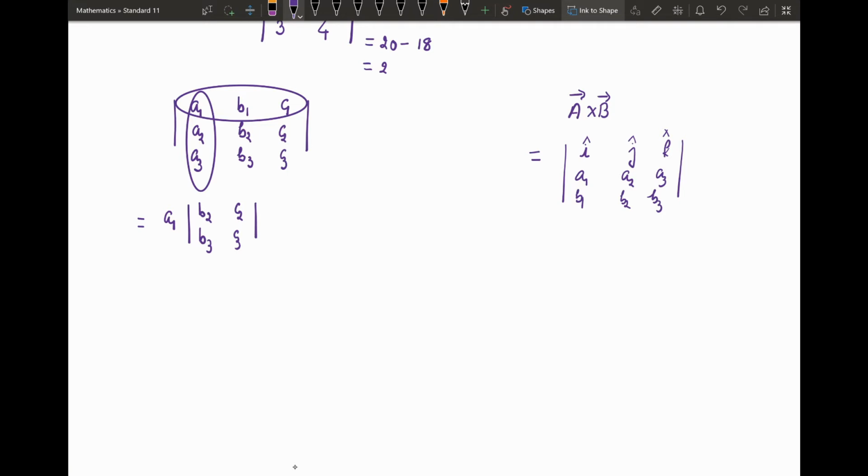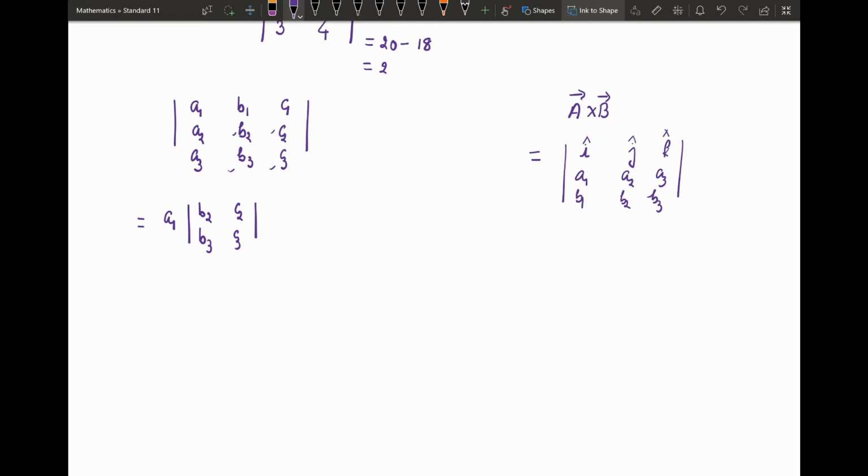The remaining entries B2, C2, B3, C3 will form a 2 by 2 determinant, and this will be in the multiplication.